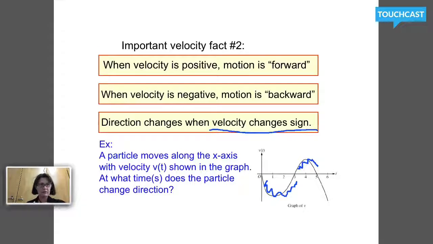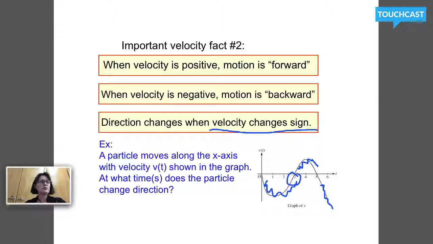So below the time axis, then above the time axis, and then below again. So there were 2 places where the velocity changed sign. What you're looking for are places where the velocity was 0 and then either switched from below to above or above to below.